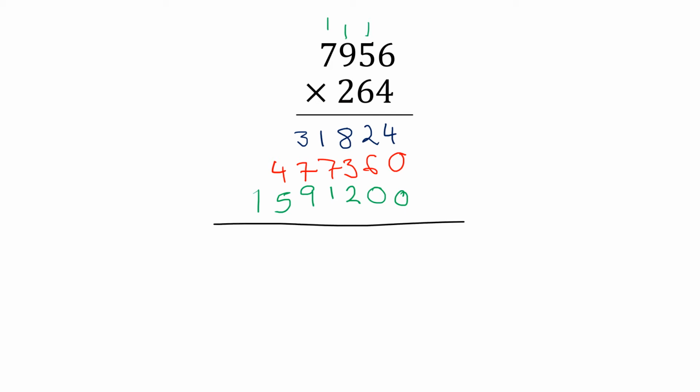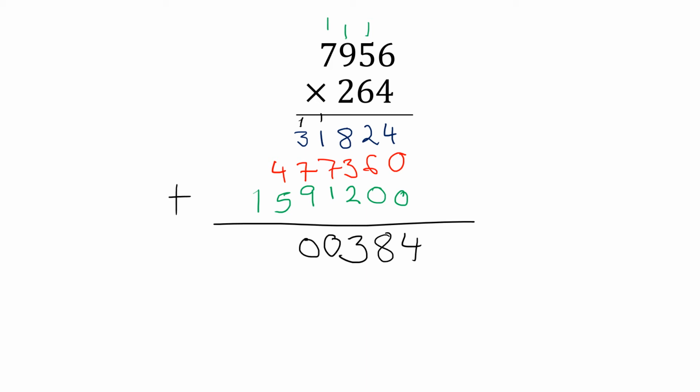Now that we're done, let's add it all up. So 4 plus 2 zeros. 6 plus 2 is 8. 8 plus 2 is 10. 10 plus 3 is 13. Carry your 1. 7 plus 1 plus 2 plus 3 is 13. Write our 3 and carry our 1. 9 and 1 is 10. 10 and 3 and 7 is 20.